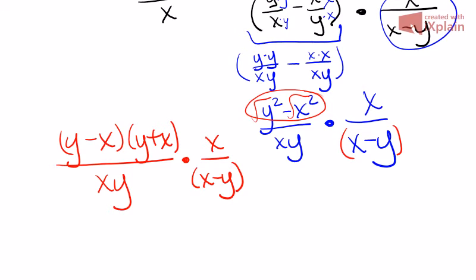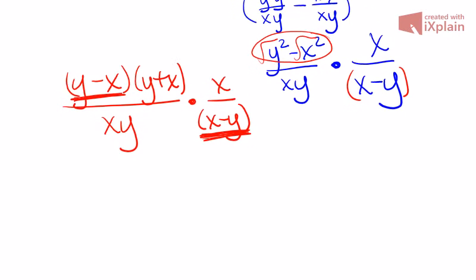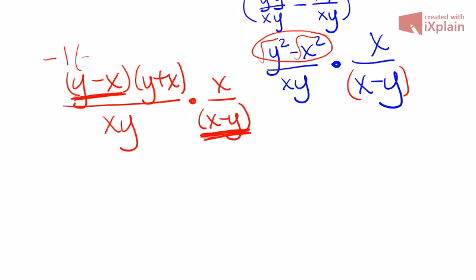Well, again, this guy is really close to matching this guy. So maybe if I bring a negative 1 out of here, then I'll have negative y plus x. Oh, but isn't that the same thing if I rearrange it as x minus y? X is positive, y is negative.